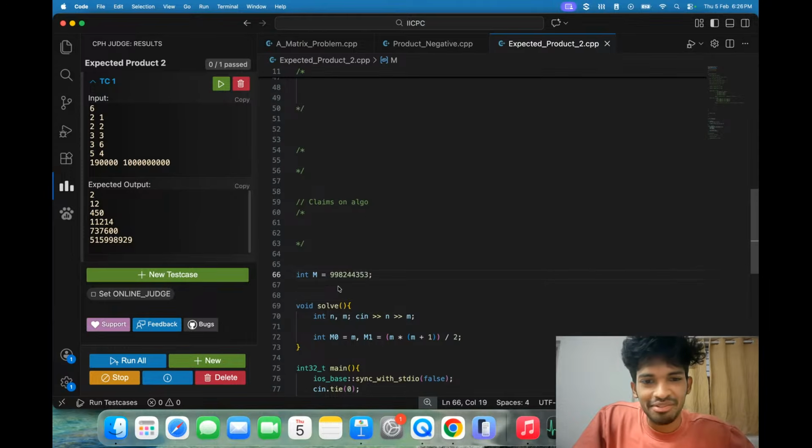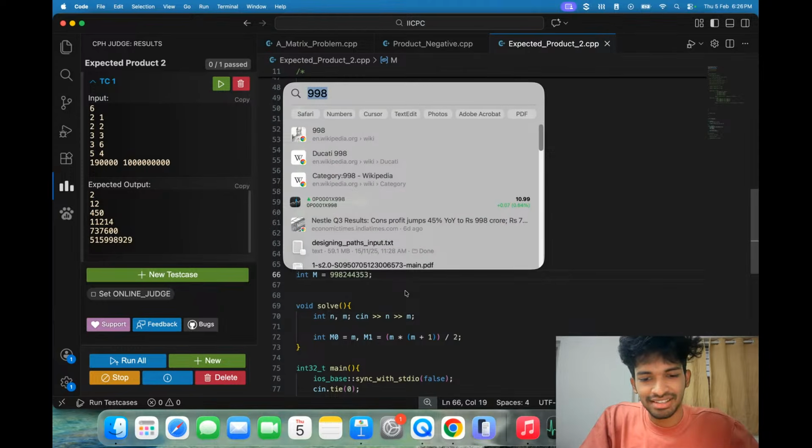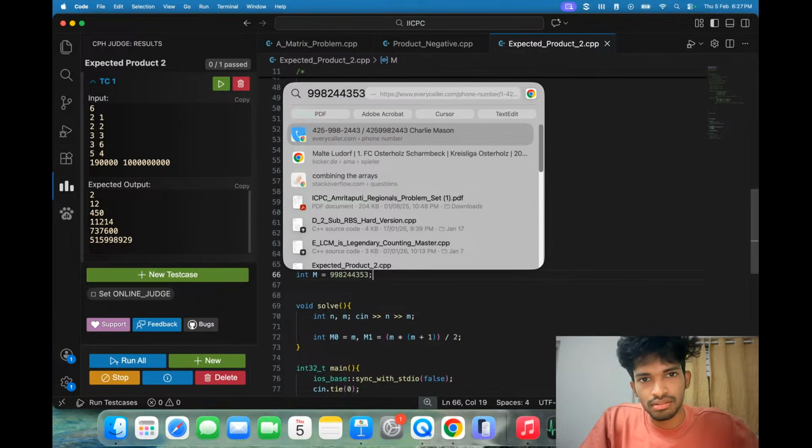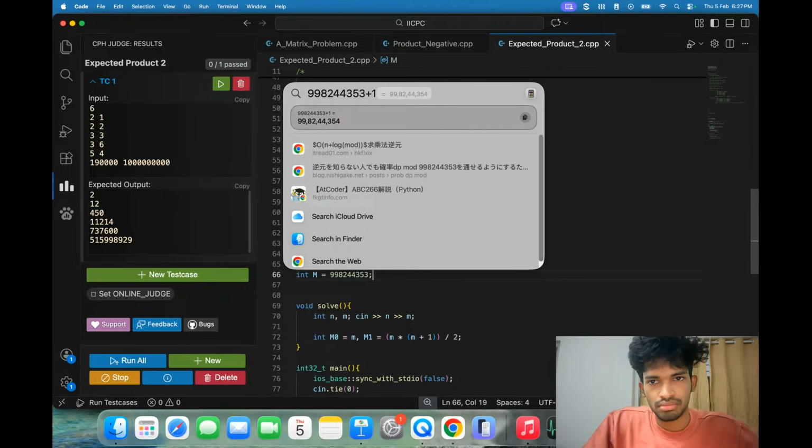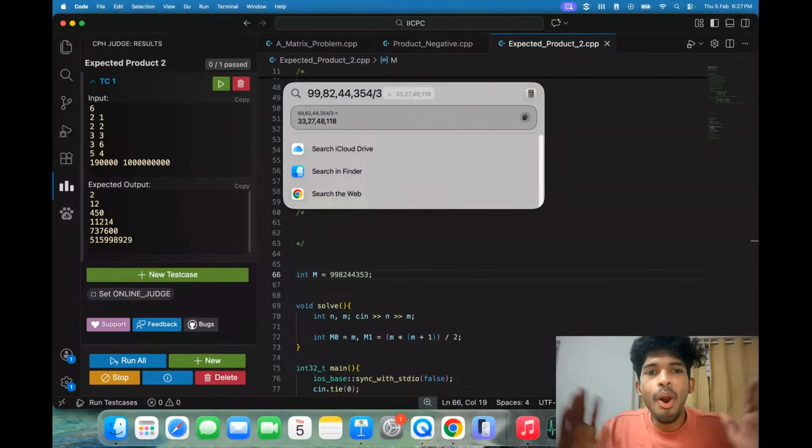I'm not doing CP, I even forgot this number. Oh, it's divisible.